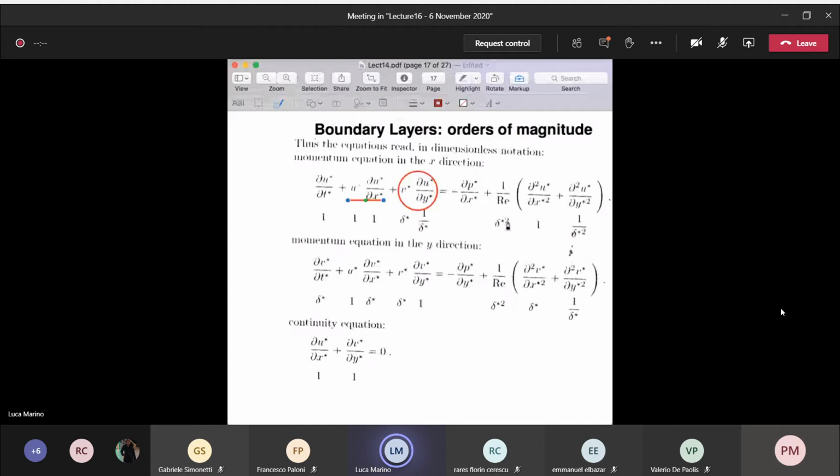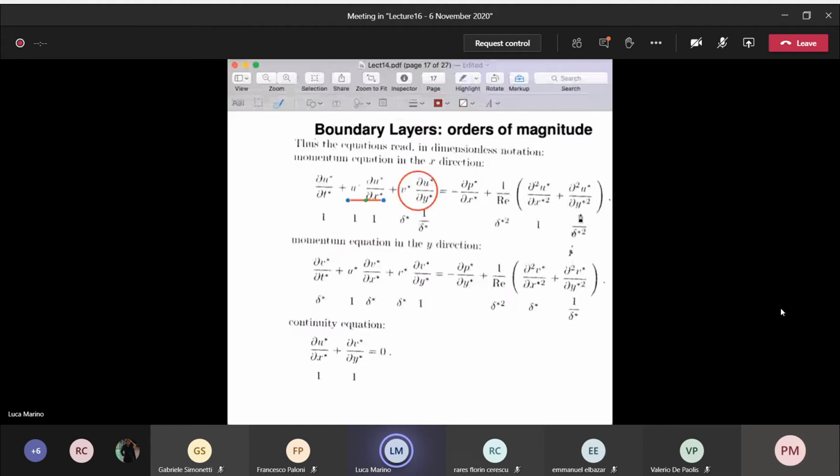This term is of order 1 because we have U and X. The important difference is that the second derivative of U with respect to Y is of order 1 over delta squared.